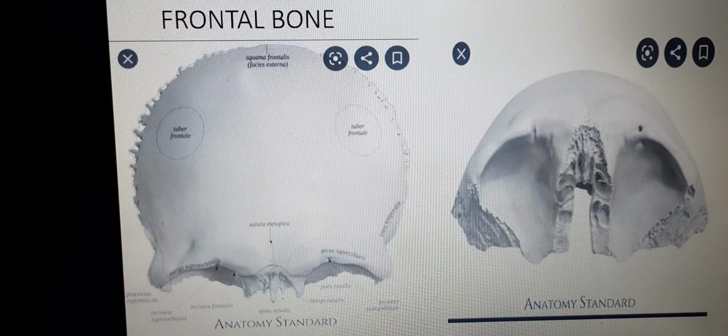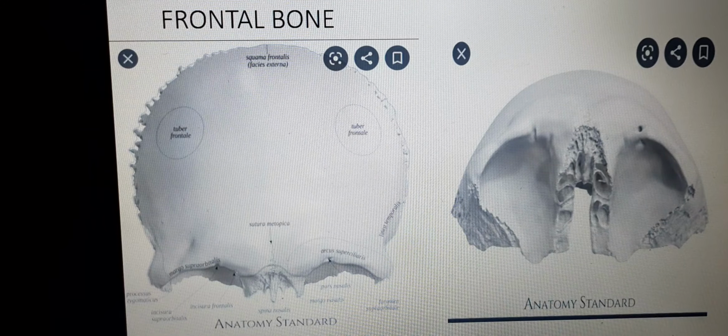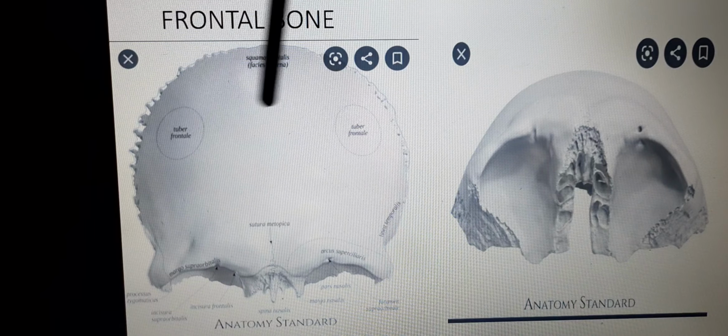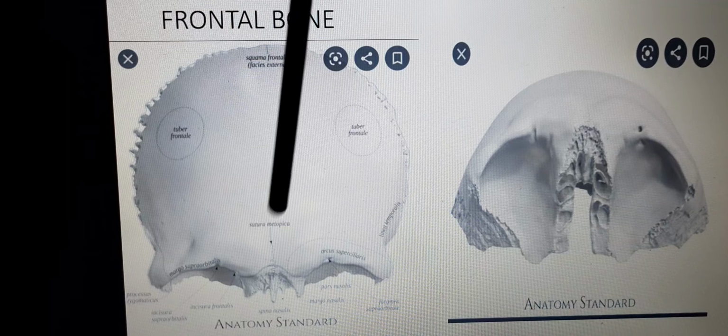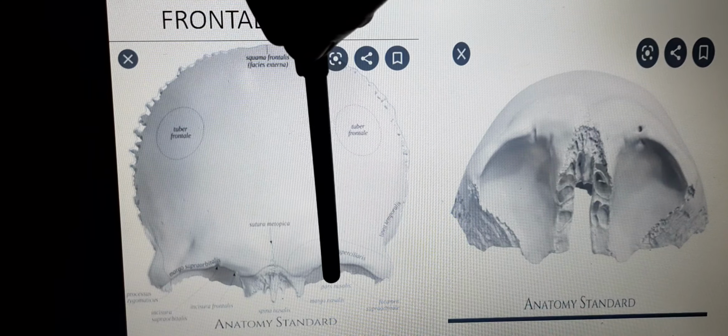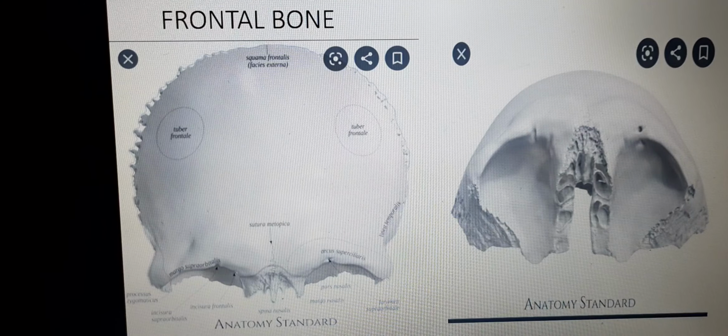To hold the frontal bone in anatomical position, you should remember that the external surface of the squamous part is convex, and the orbital part of the frontal bone lies in horizontal plane. So by knowing this, you can hold the frontal bone in anatomical position.